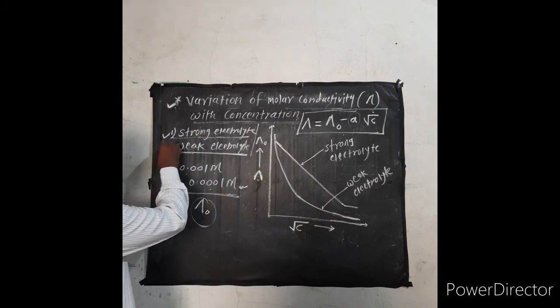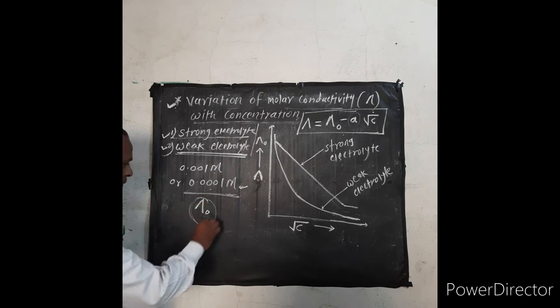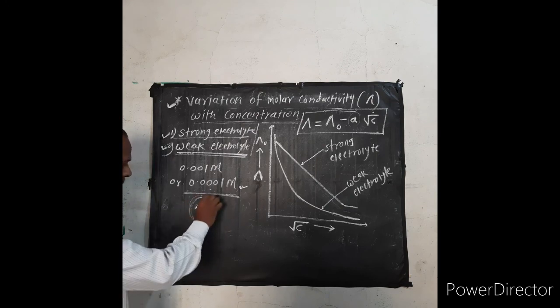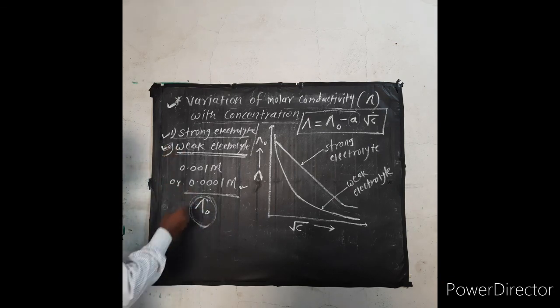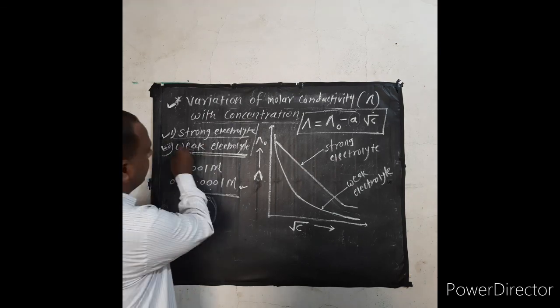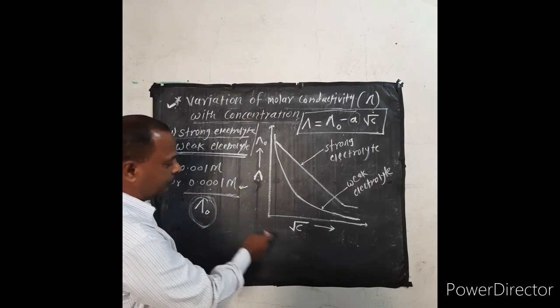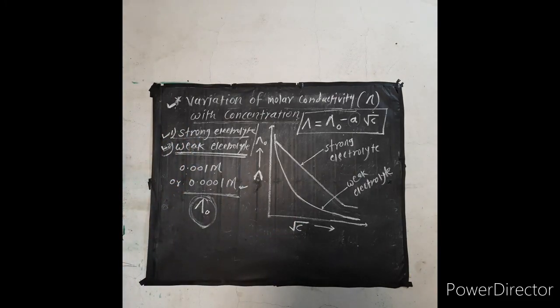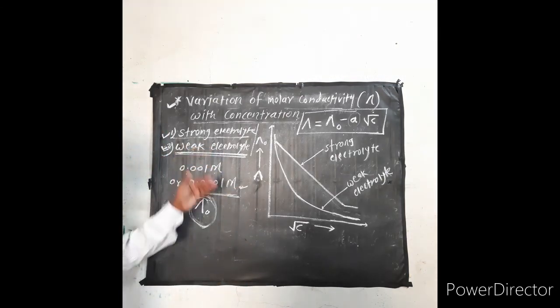But the extrapolation method is not applicable for calculating lambda naught in the case of a weak electrolyte, because a weak electrolyte does not give linearity in lambda versus square root of C. Lambda naught for a weak electrolyte can be calculated by using Kohlrausch's law.